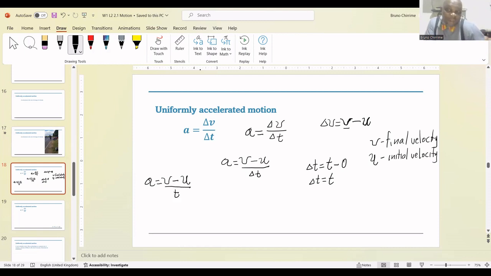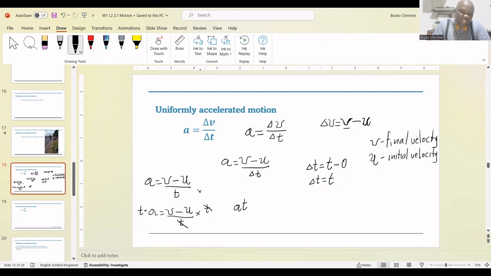What we do on the left, we do on the right, because it's an equation, and therefore t divided by t cancels, becomes 1, and we have a times t equal to final velocity, v, minus initial velocity, u.